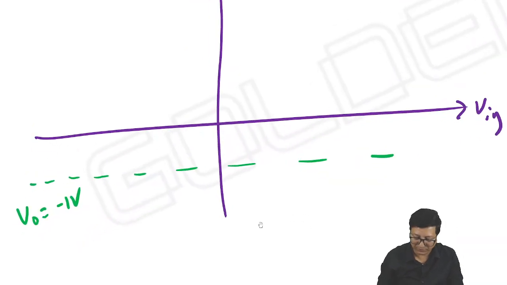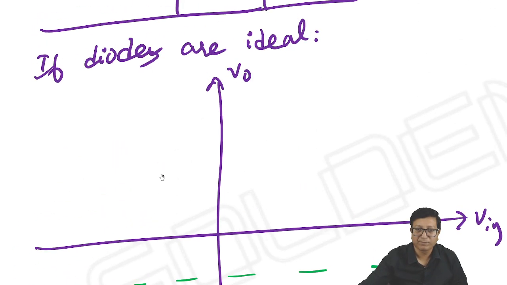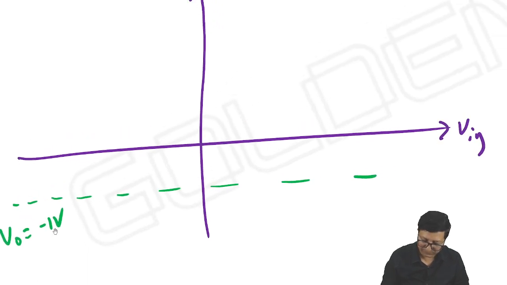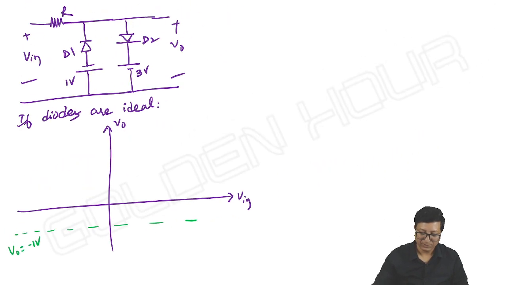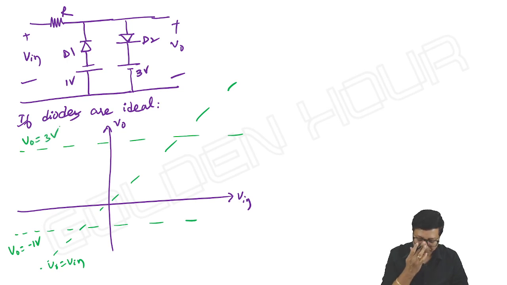And output is equal to input, and the third one, output is equal to 3 volts.